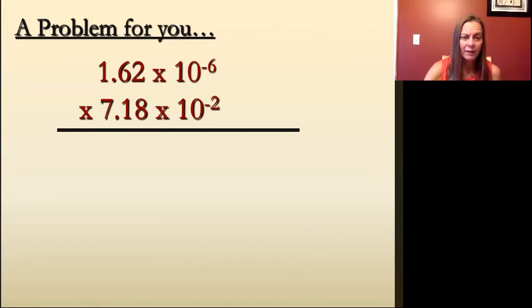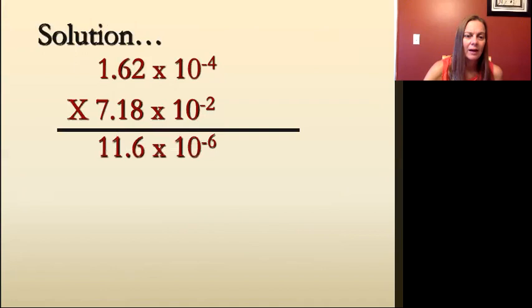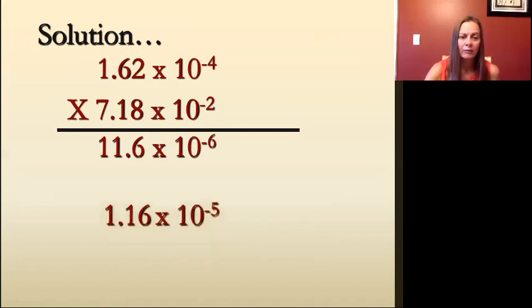So when we do that, and you've come back from the pause, we're going to get 11.6 times 10 to the negative sixth, and we're going to change that to standard notation. We're going to move the decimal place to the left, which means we're going to increase the exponent by 1 and have 1.16 times 10 to the negative fifth.